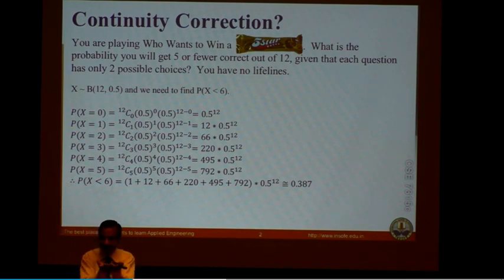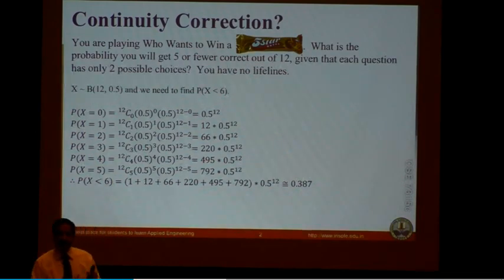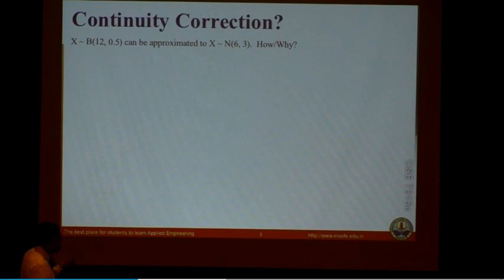I'm approximating, but they are looking the same. Okay? So variance is npq then. n is 12 times 0.5 times 0.5, so 3. So normal(6, 3). That's what it is.